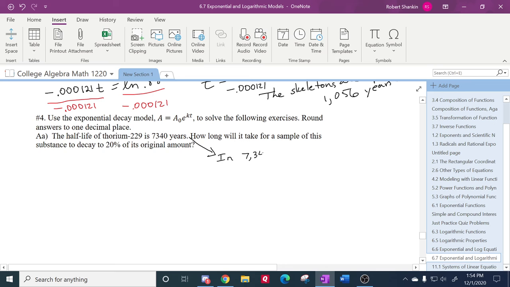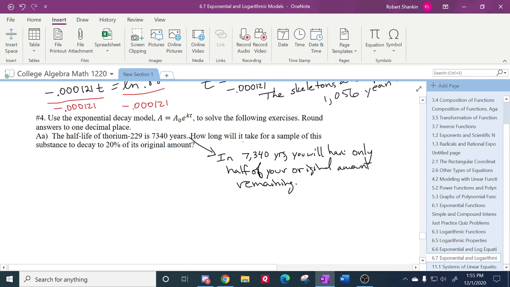In 7,340 years, you will have only half of your original amount remaining. And every time 7,340 years more passes, that half gets cut in half, 1/4, and it gets cut in half again, 1/8, so on.